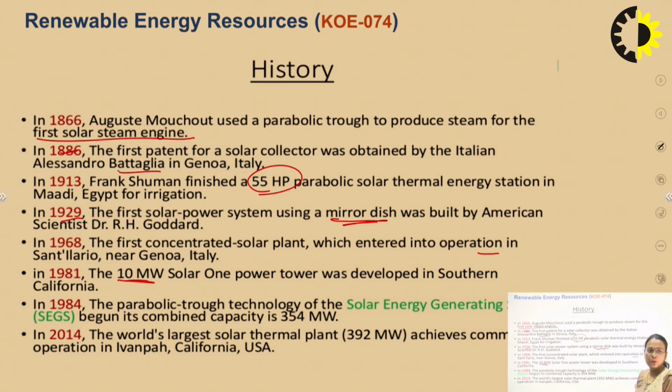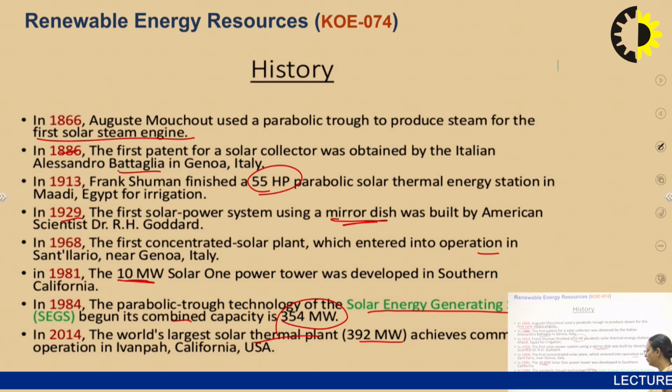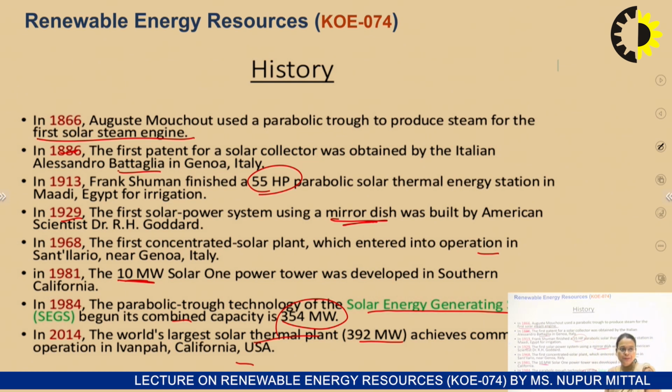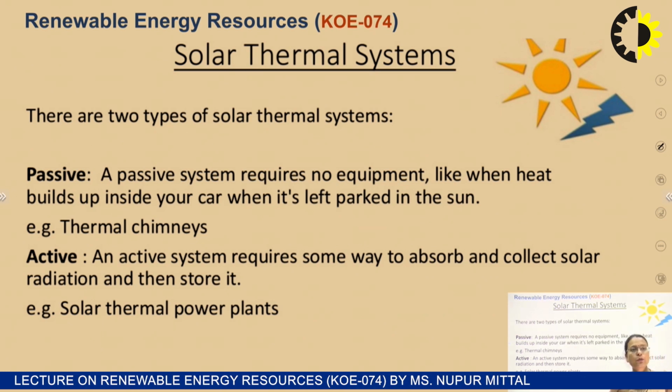In 1984, the parabolic trough technology of the solar energy generating system began, with a combined capacity of about 354 megawatt, right. And in 2014, the largest solar thermal power plant, with a capacity of around 392 megawatt, achieved commercial operation in California, USA. Okay.